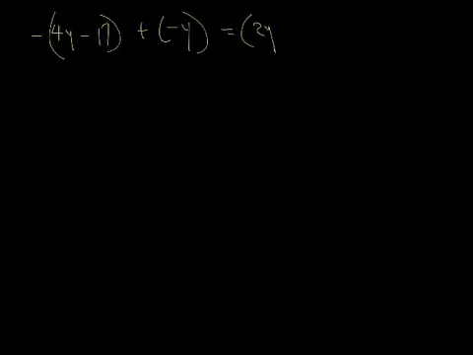This is example 31.5. We have negative 4y minus 17, and we're putting those in parentheses, plus negative y, equals 2y minus 1 minus negative y. Alright, let's take off parentheses and get rid of double negatives and all that junk.